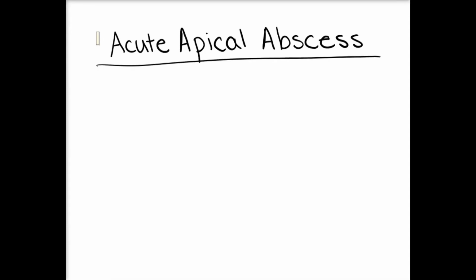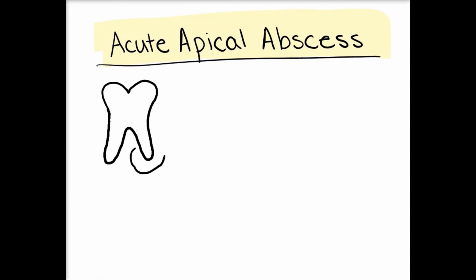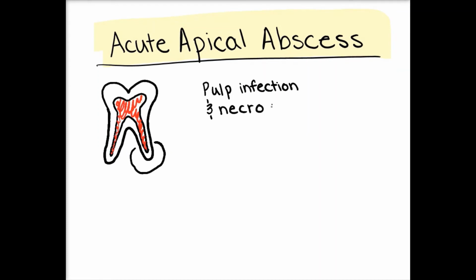Next, we have acute apical abscesses. So here we have the tooth in question, which has experienced serious pulpal inflammation, leading to an abscess on this root apex. So the way it goes is that pulpal infection and necrosis leads to inflammation.